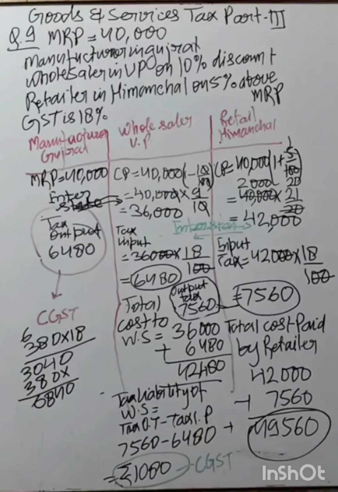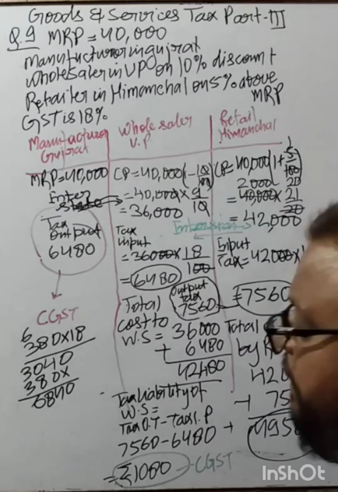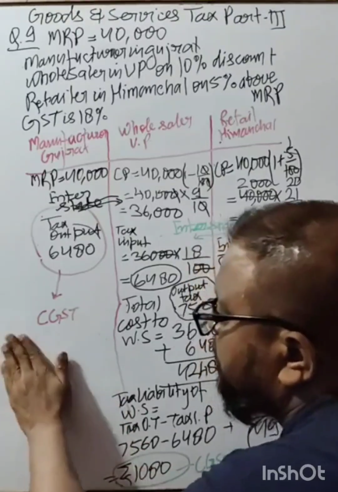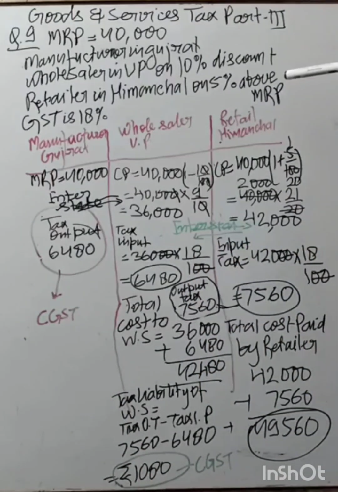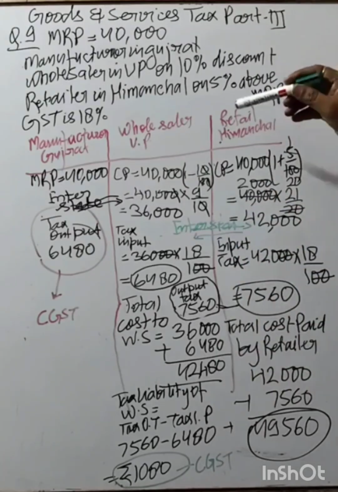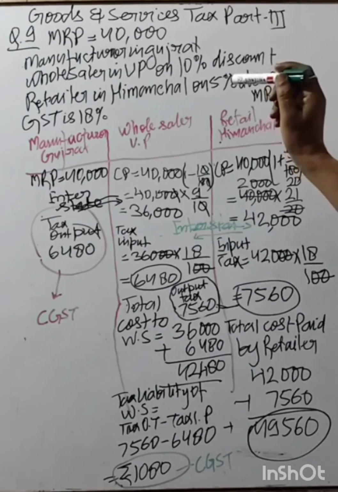It means tax liability of the wholesaler, and he paid to the central government, right? And here, I was thinking he is getting a discount. So when it is getting a discount, then we were getting different things. But he increased the price 5% above the MRP.